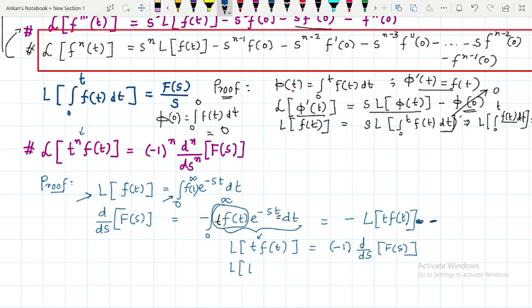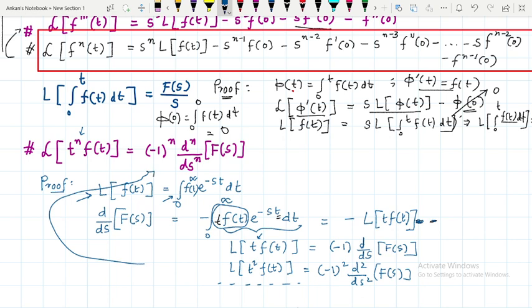When t squared is present, minus 1 to the power 2, d^2 by ds^2 of F(s) will be obtained, and so on up to n. For t to the power n f(t) we obtain this formula. So this is proved. This can be proved with the help of the mathematical induction method.